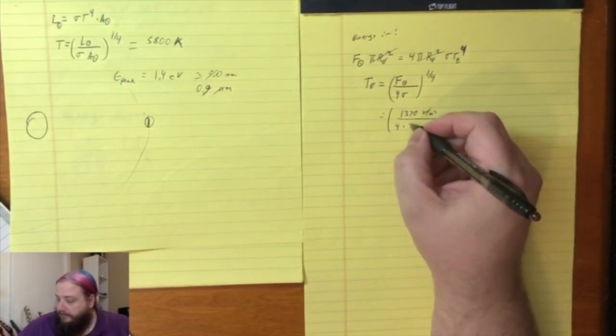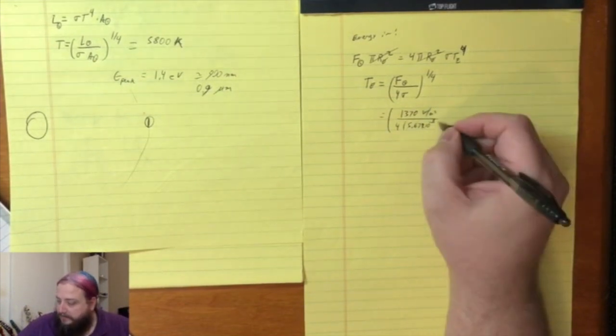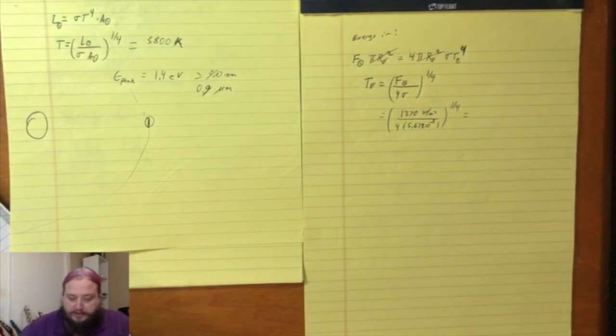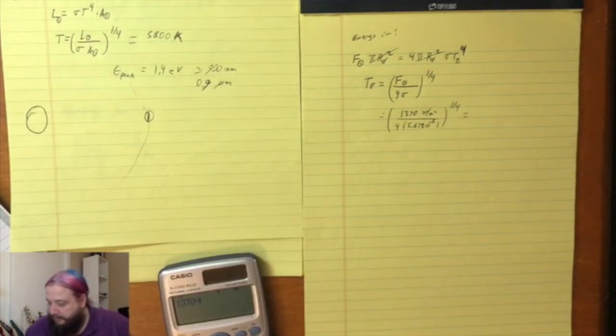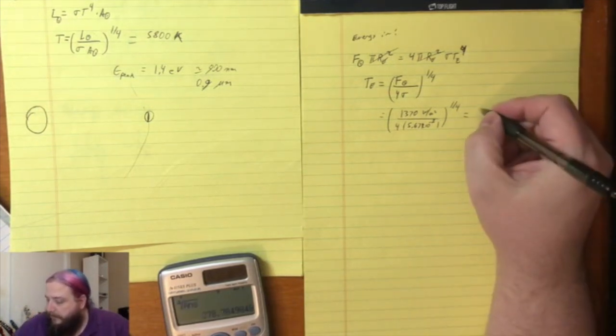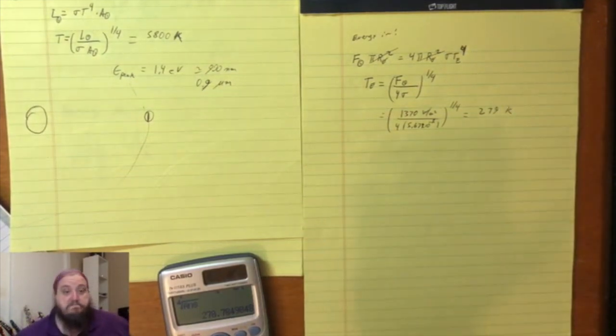And if we plug in our 1,370 watts per square meter, divided by 4 times 5.67 times 10 to the minus 8, and take the fourth root of that, you get 279 Kelvin.